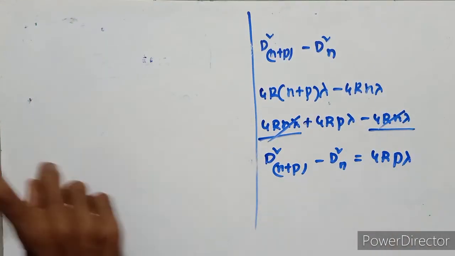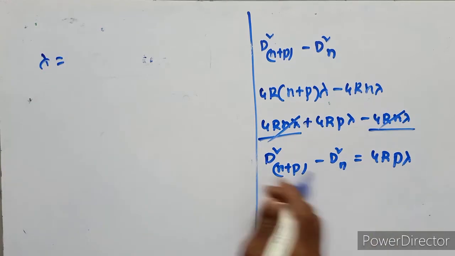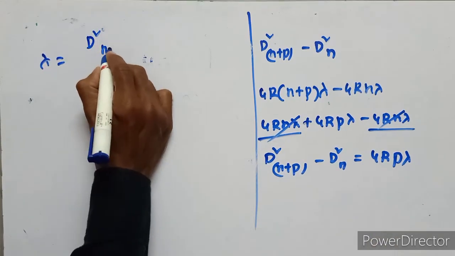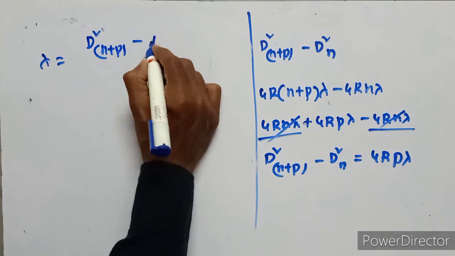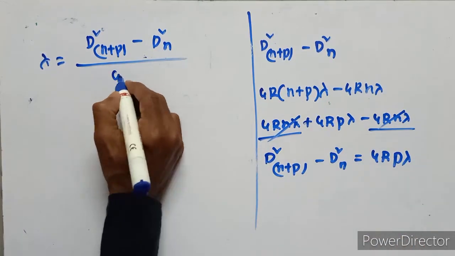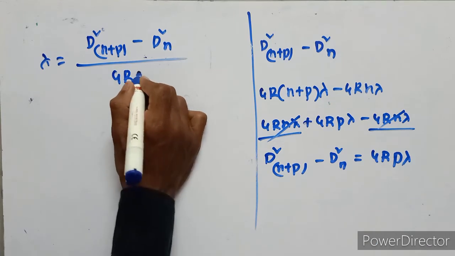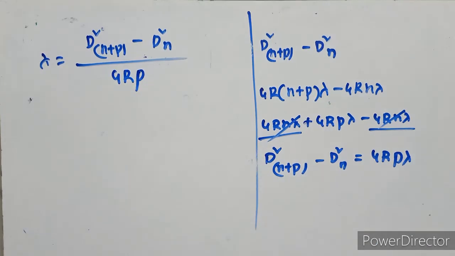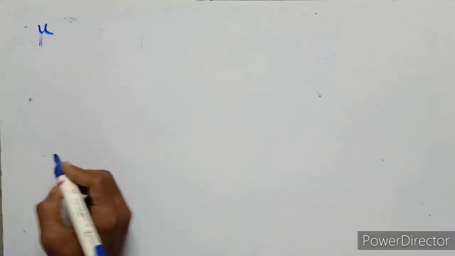From this equation, λ = (D² at n+p ring minus D² at n ring) / 4Rp.